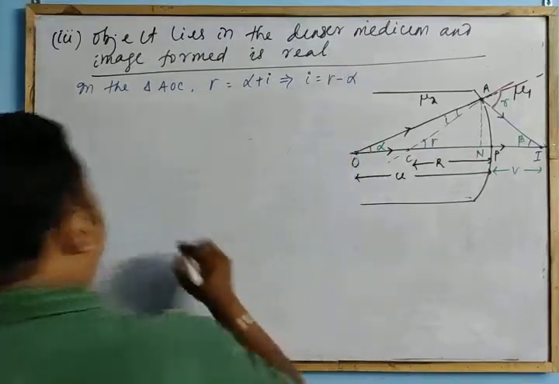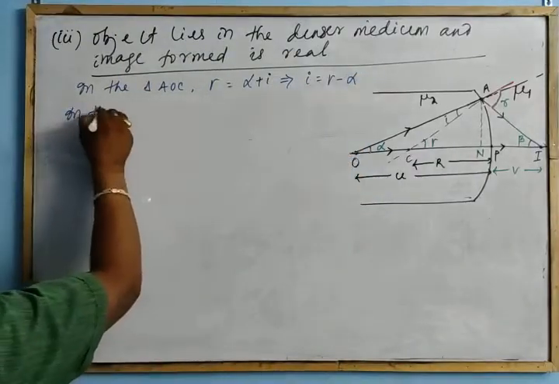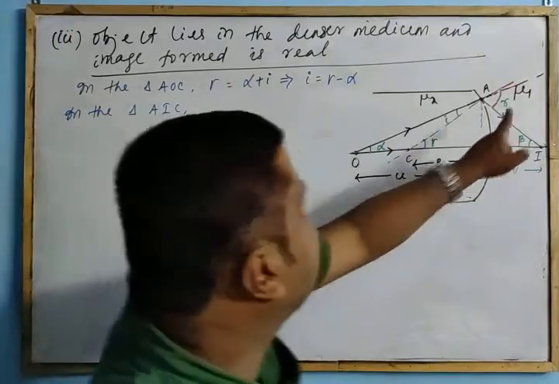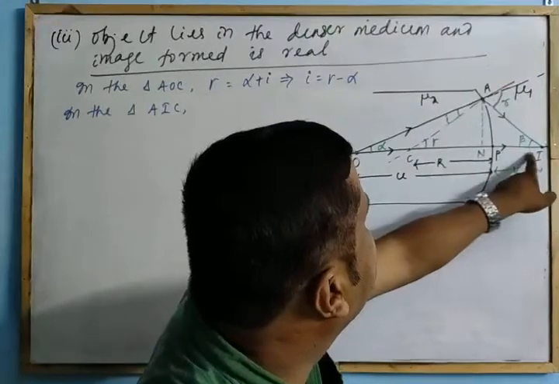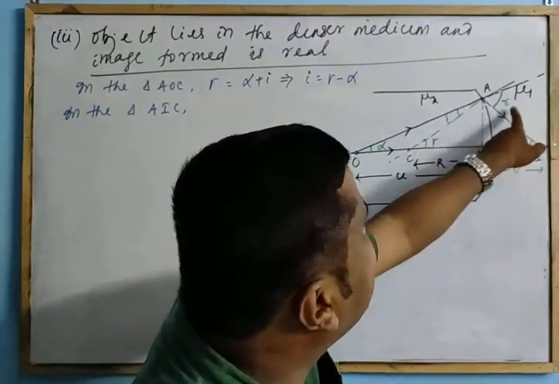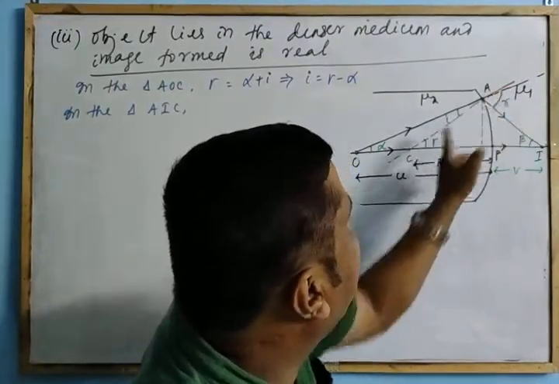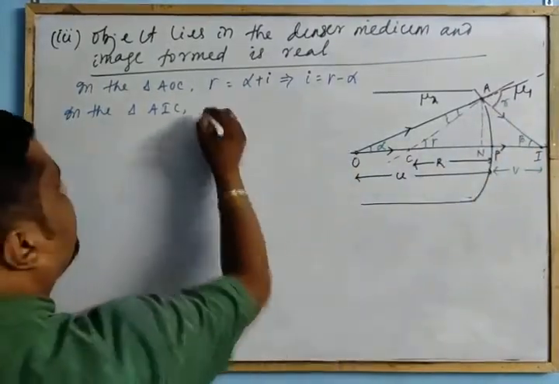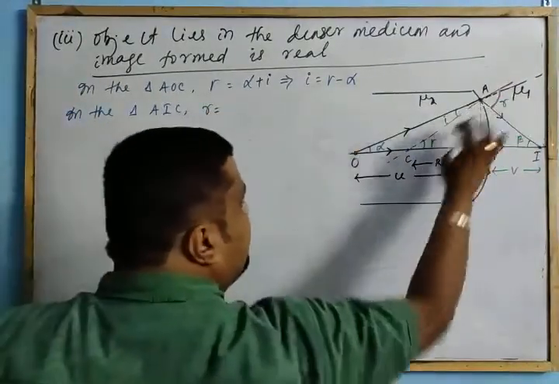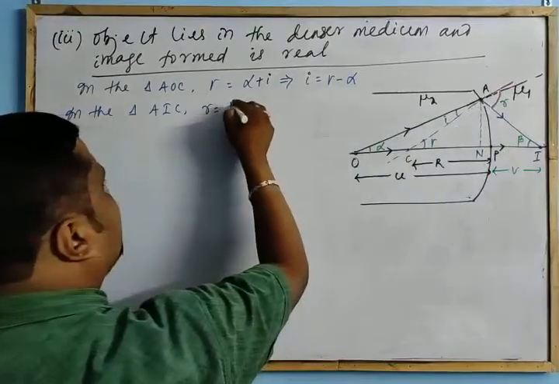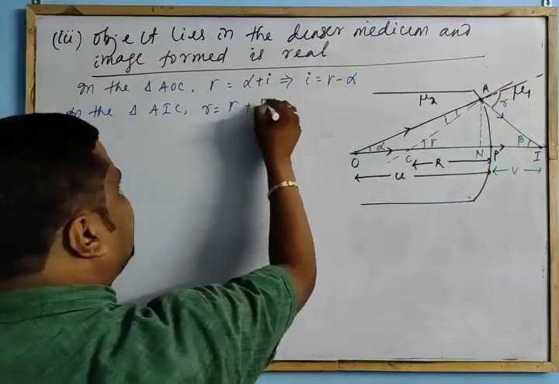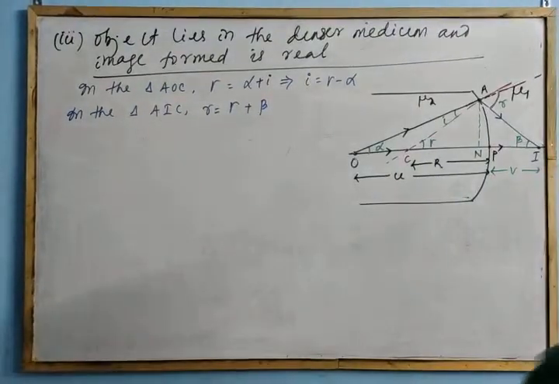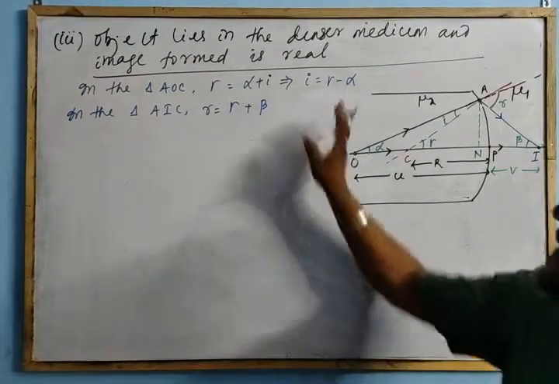In the triangle AIC, the exterior angle is r. r is equal to gamma plus beta. I got the relations for i and r. Clear?